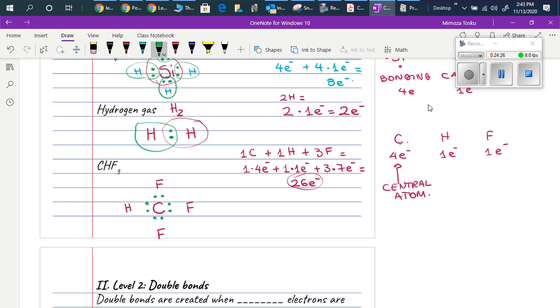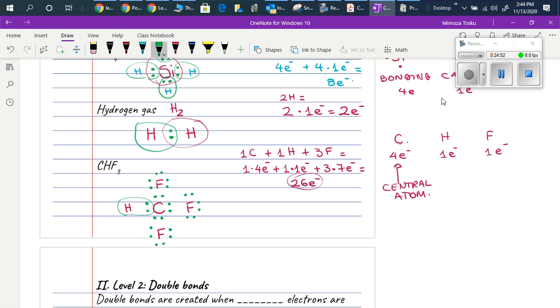And then completing the octet rule, or duet rule in this case for hydrogen, and the outer electrons, up to 26.